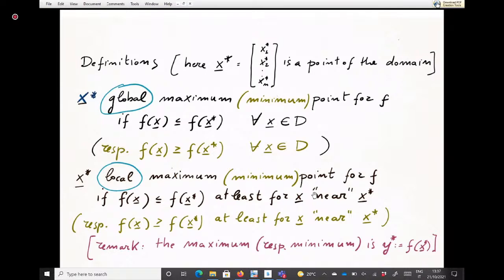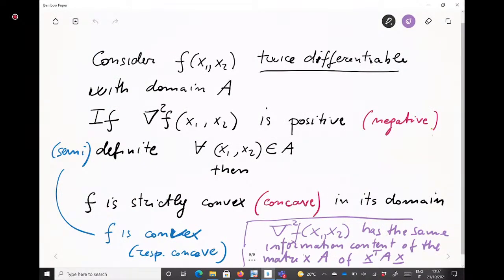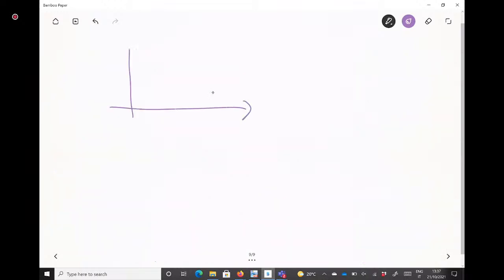I don't want to try to provide pictures in the two-dimensional case, but if you look at the one-dimensional case, which is of course also included in that definition, here you have a global minimum and a local minimum which is not global. Think of the definition. This X star for this function is a global minimum point because if you select any other point of the domain, the value at any other point is not smaller than the value here.